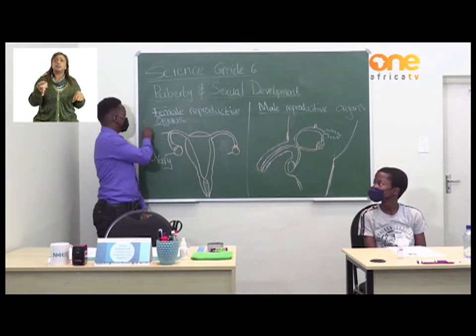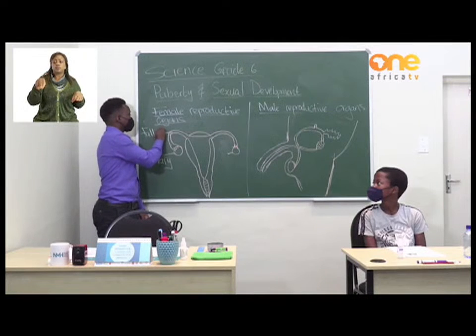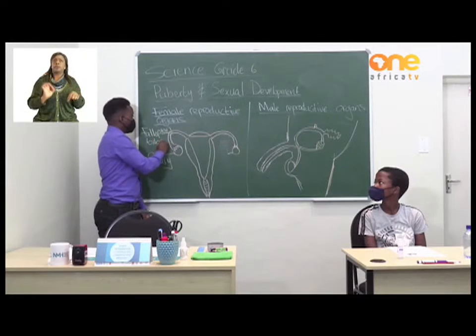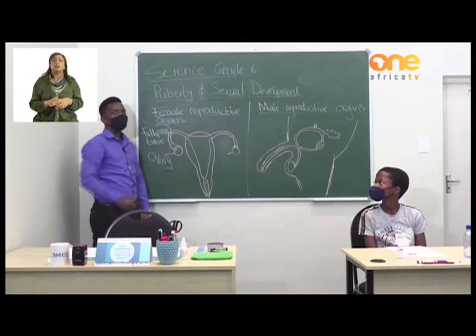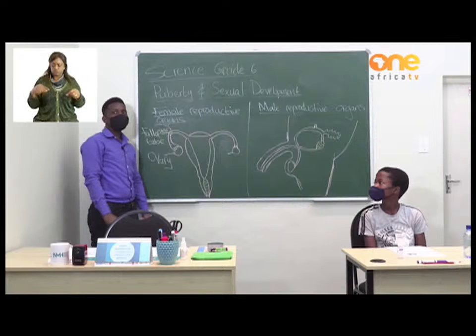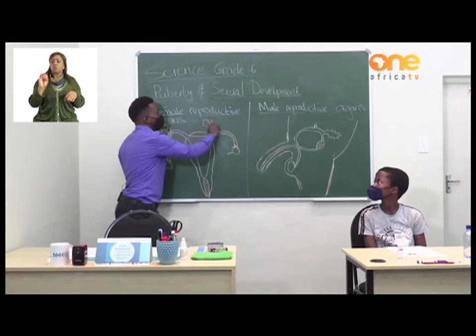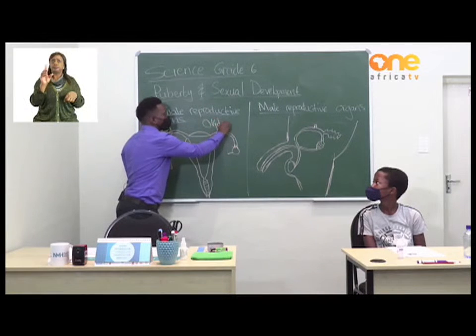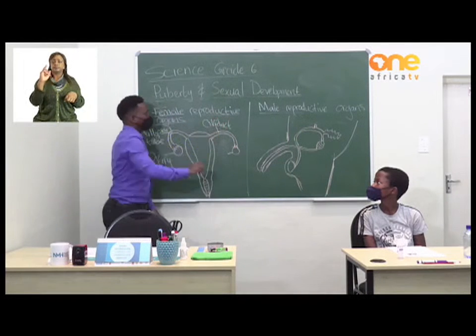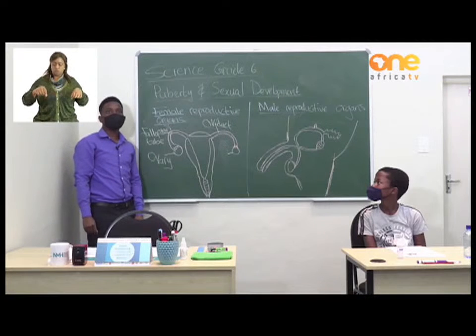This structure is known as the fallopian tube. And there are also two sets of these. Another name for the fallopian tube is the oviduct.